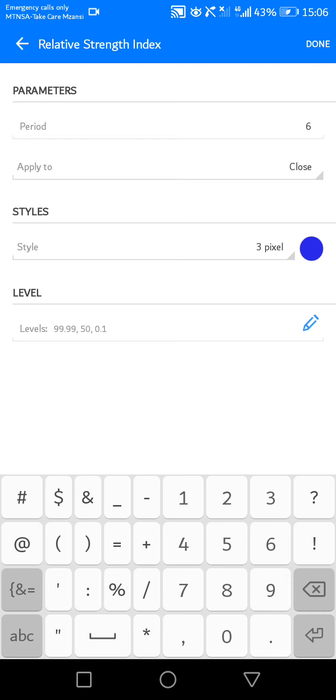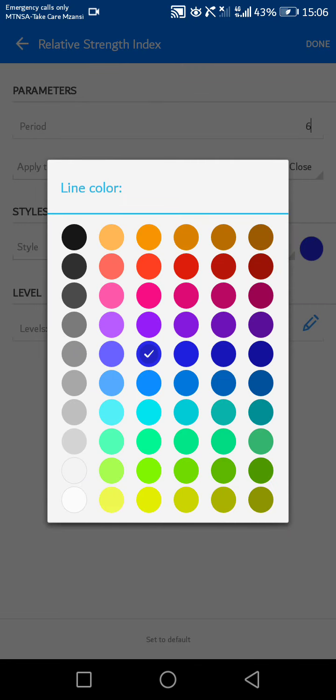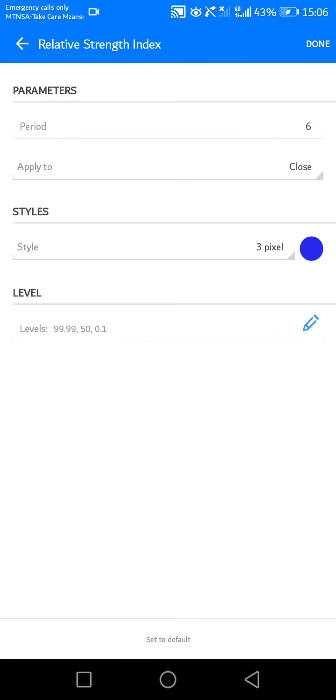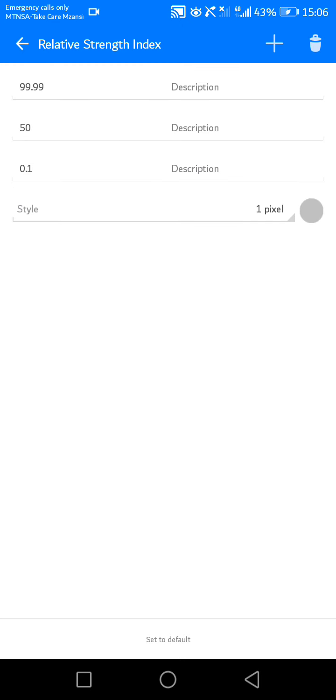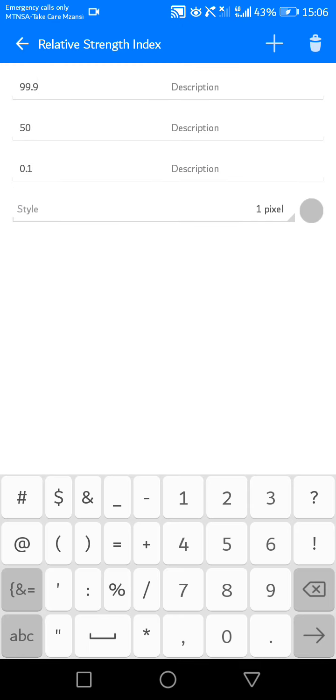Style is 3 pixel, whatever color that you choose. I choose blue. And then the levels, you go to the levels, you say 99.90. That's what I prefer, so that you don't lose a lot of money. And then you also say 0.10, and then we are done.